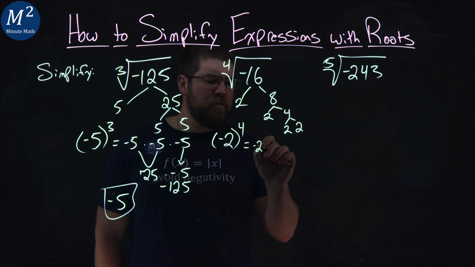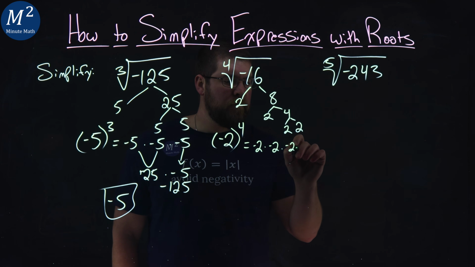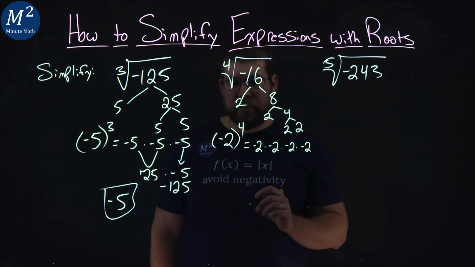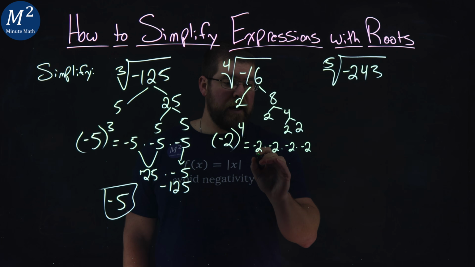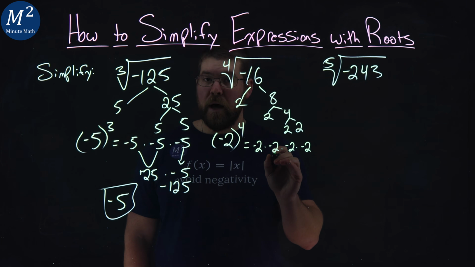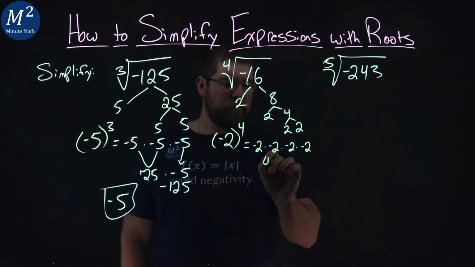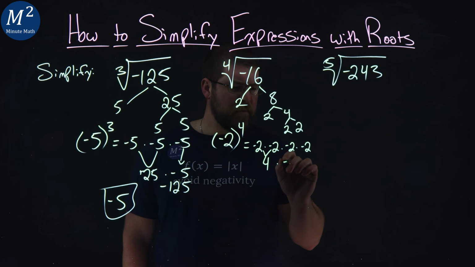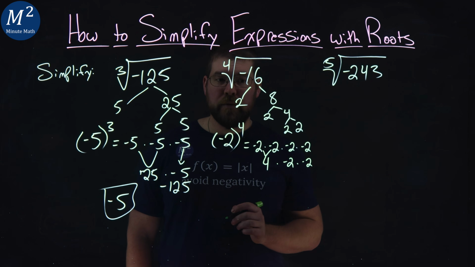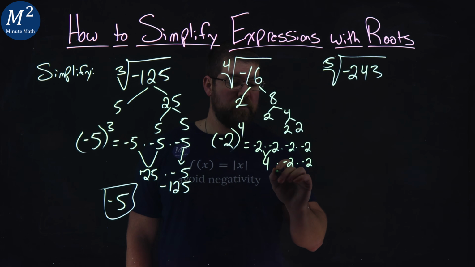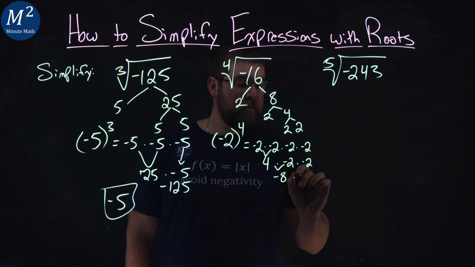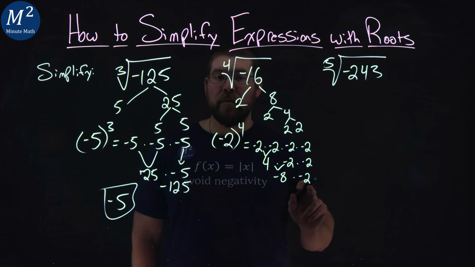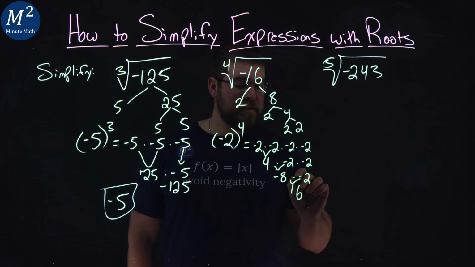Well, that's a negative 2 times a negative 2 times a negative 2 times a negative 2. Just like we did before, a negative times a negative is a positive. So we'd have a positive 4, we multiply that out, times a negative 2 times a negative 2. From there, 4 times negative 2 is a negative 8, times a negative 2, and negative 8 times a negative 2 is a positive 16.